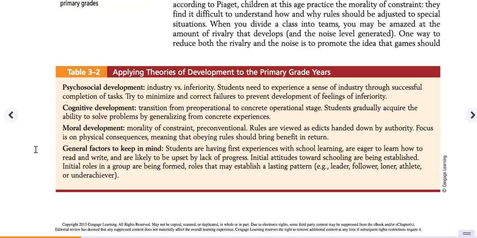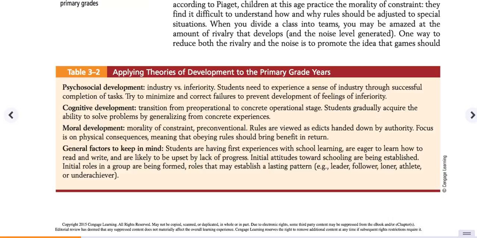Students gradually acquire the ability to solve problems by generalizing from concrete experiences. Moral development: morality of constraint, pre-conventional. Rules are viewed as edicts handed down by authority. Focus is on physical consequences, meaning that obeying rules should bring benefit in return.